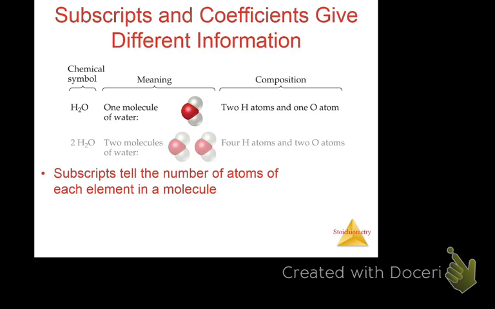This is a lot like math in that the subscript means there are 2 hydrogens to 1 oxygen, like what we've been doing for our formulas. But whenever you put the big 2, that means there's a total of 4 hydrogens and 2 oxygens, okay? Because you multiply everything within it, like 2 times H2O. We just don't put the parentheses around it, because it takes 2 water molecules to do the reacting.